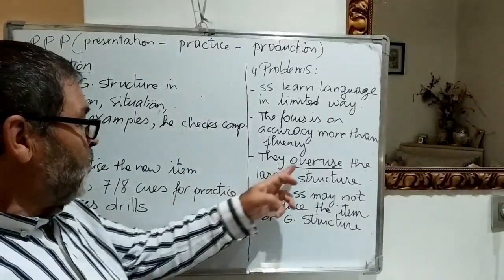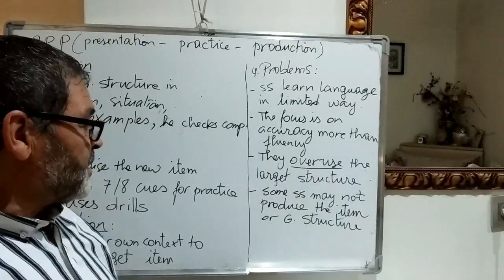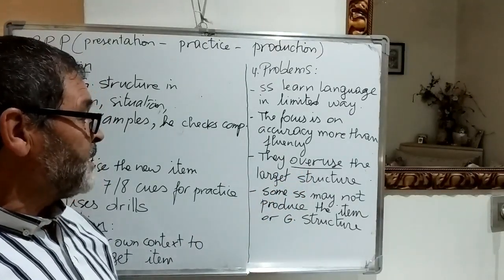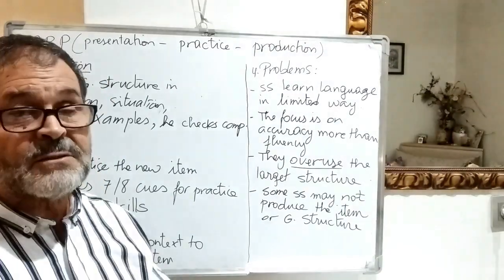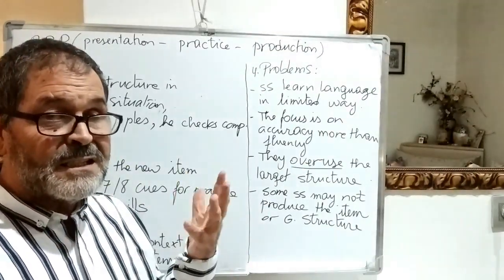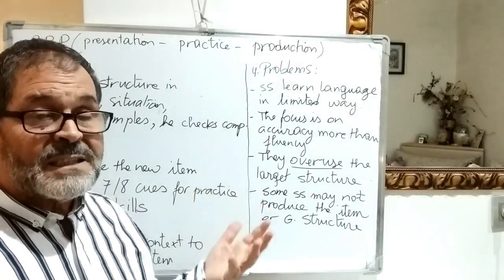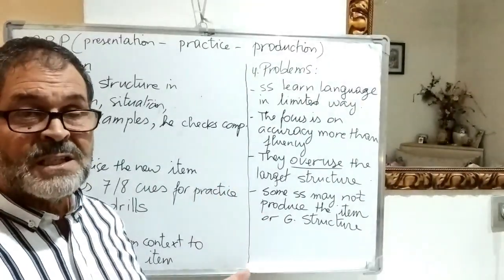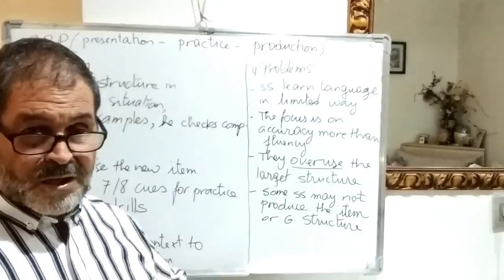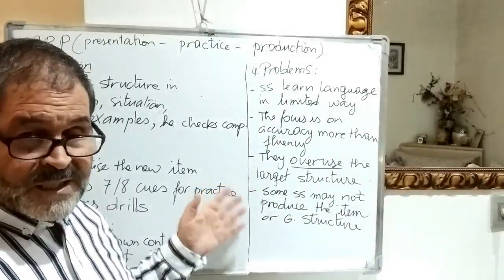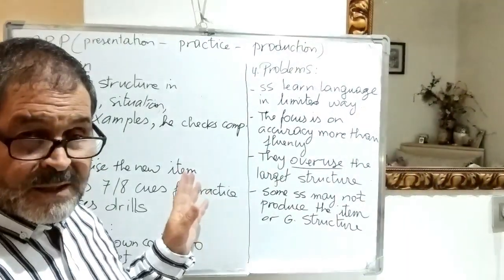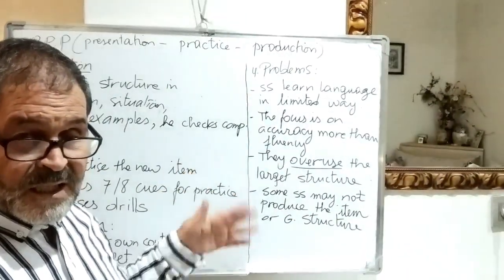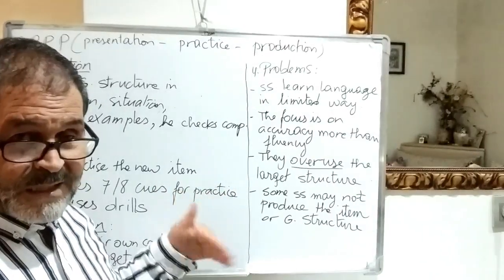They overuse the target structure. Then the last problem is that some students may not produce the item. They may not speak at all. They may just listen, maybe they understand, but they don't produce language, for example, in writing or when they speak. So these are the limitations of the PPP method and why we think of changing it and why we replace it by task-based learning.